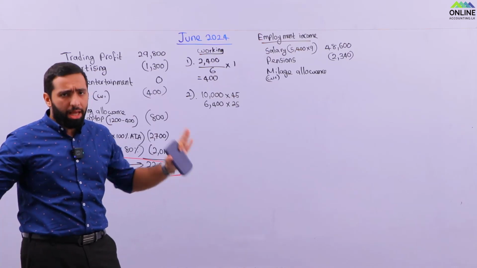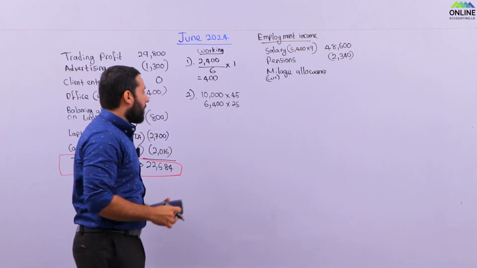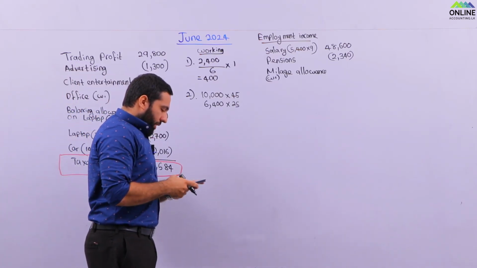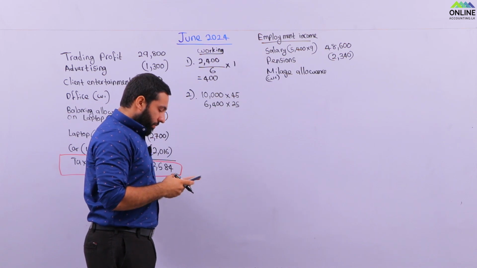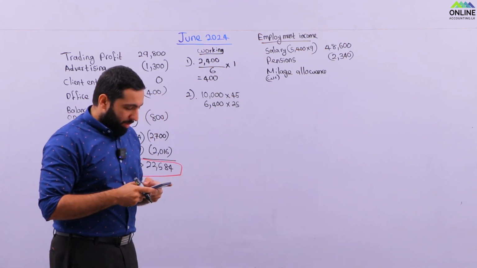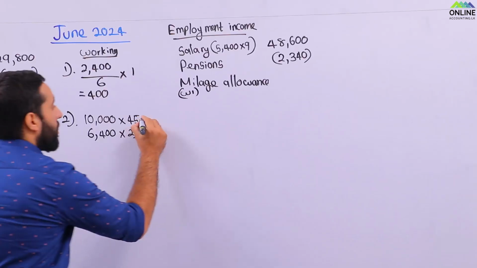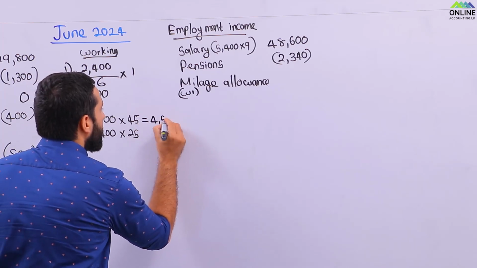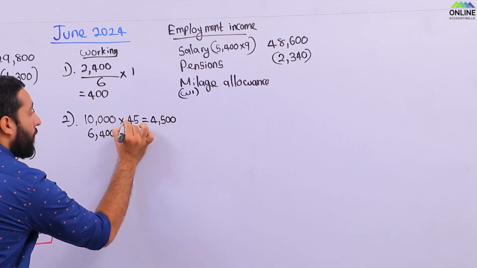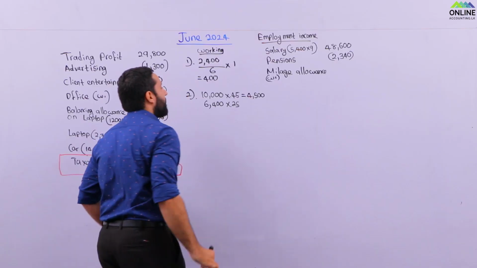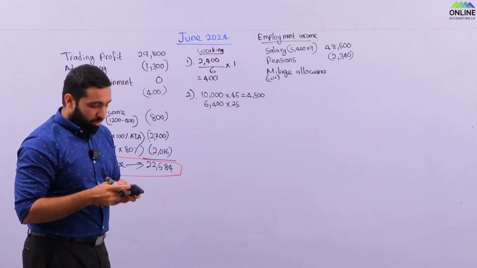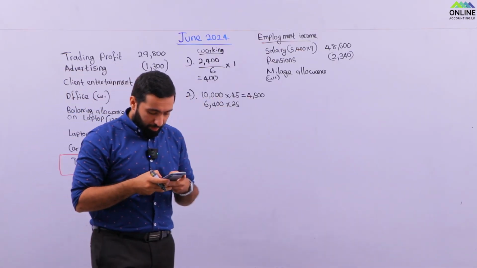So this is simple. Make sure you keep these things in your mind. So 10,000 multiplied by 0.45 is 4,500. This is 0.45 and this is 0.25. So make sure these are the small concepts that you need to keep in mind.